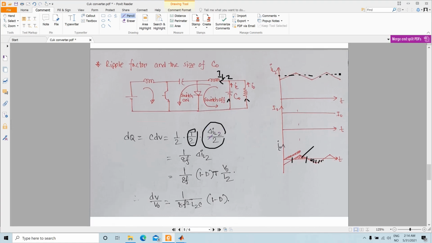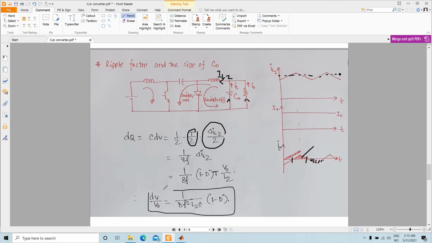After the algebraic manipulation, replacing T with the switching frequency F, and replacing delta IL2 with the output voltage and the inductor value, that means the slope and the time duration when it is off, which you can define as 1 minus D multiplied by T, from this relationship you end up with a ripple factor like this.